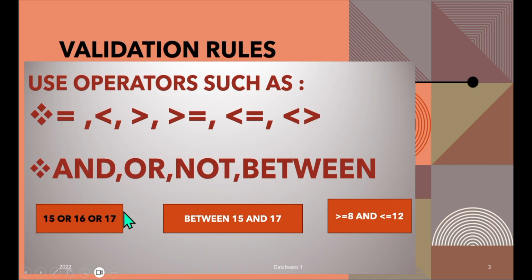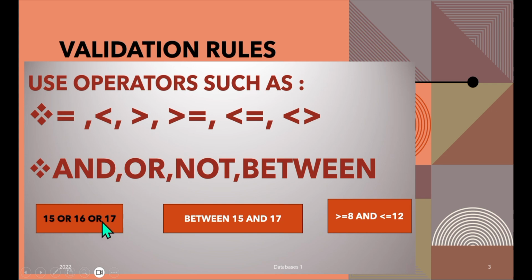For example, if I want to show the learners in my class who are between the ages of 15, 16 and 17, then I can use 15 or 16 or 17. So the database will retain the names of all those learners.